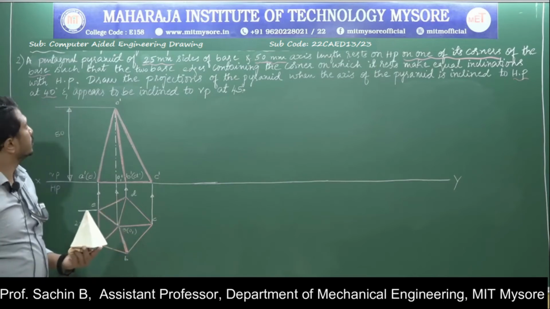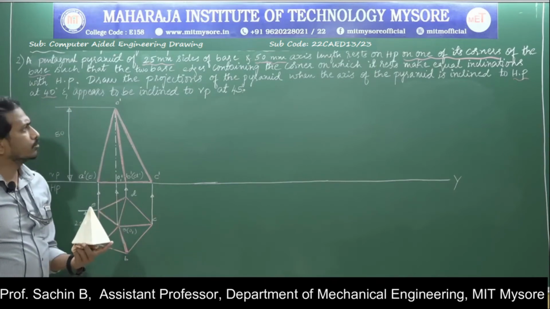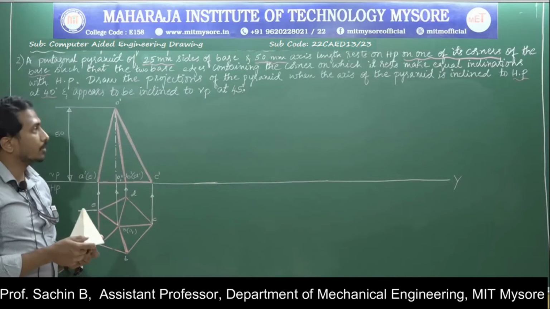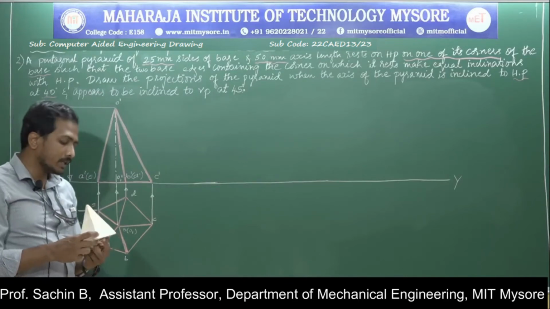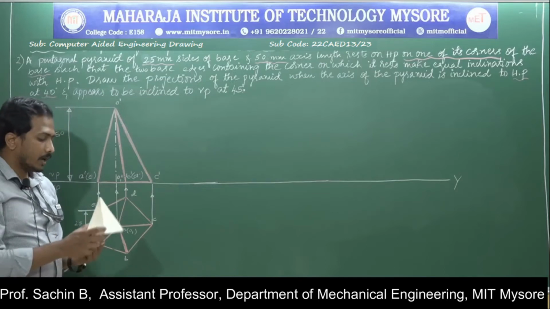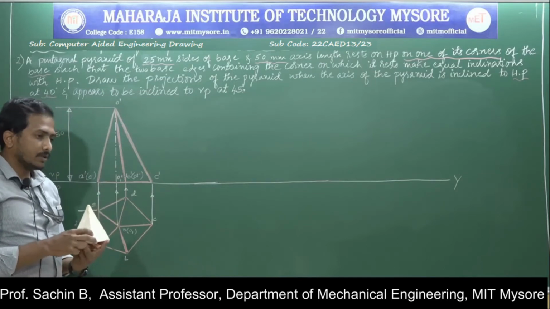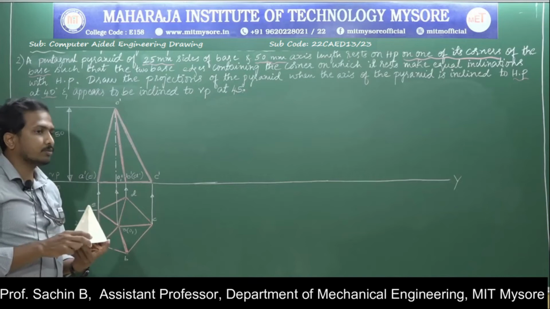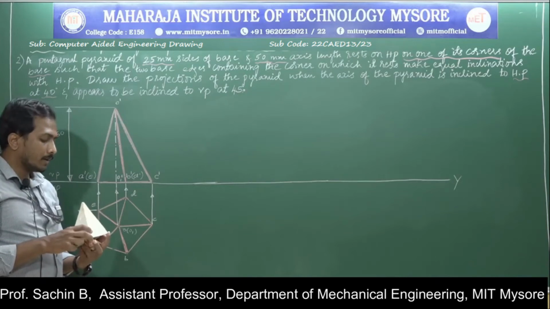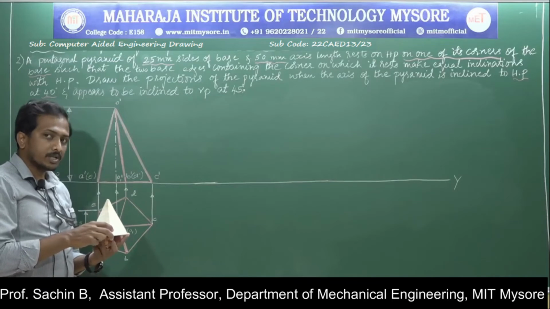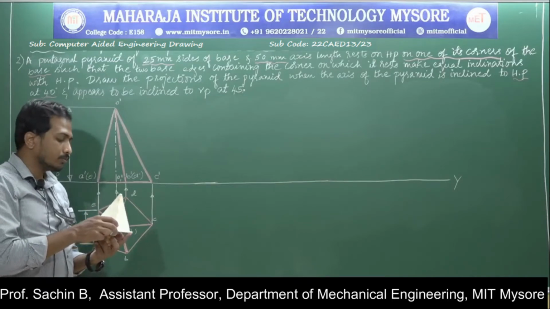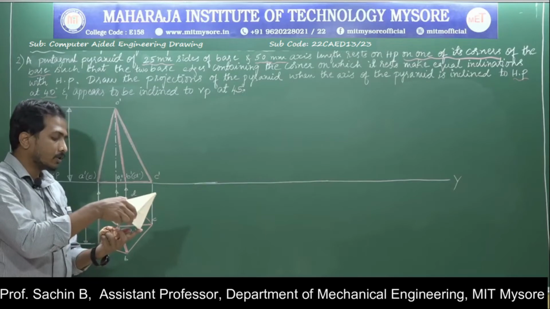Next, in the second condition they have given that the two base edges containing the corner on which we rest make equal inclinations with HP. Now, I kept the object like this. We always do the construction towards my right. Because of that, I am just rotating this pentagonal pyramid according to the change of position method to rest on one of its corners.